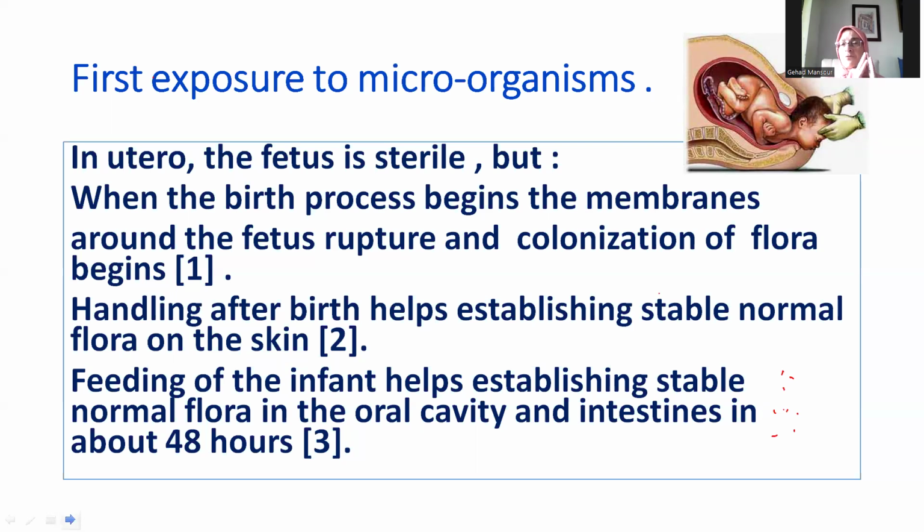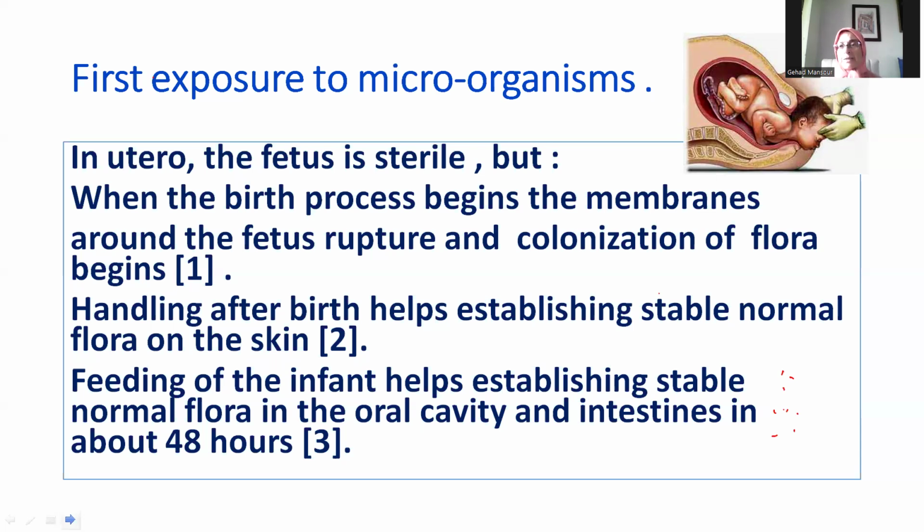Now, first of all, it is through the normal vaginal delivery, because the vagina of the adult female, which is the mom in this case, is full of friendly flora coating the inner mucosa of the vagina.